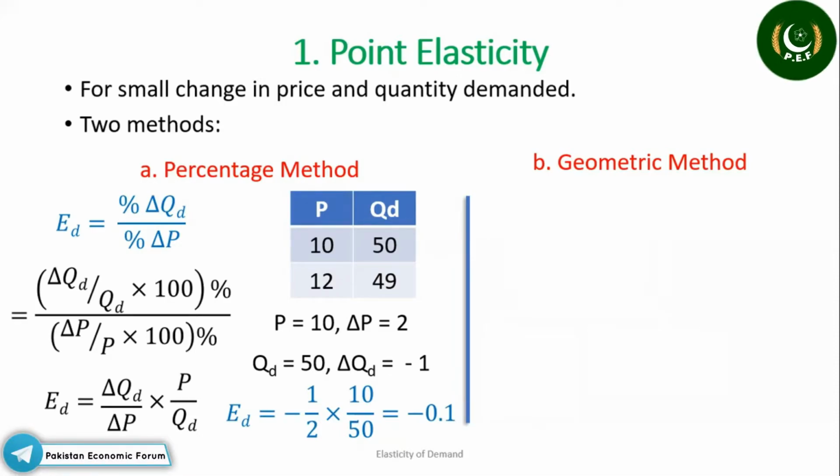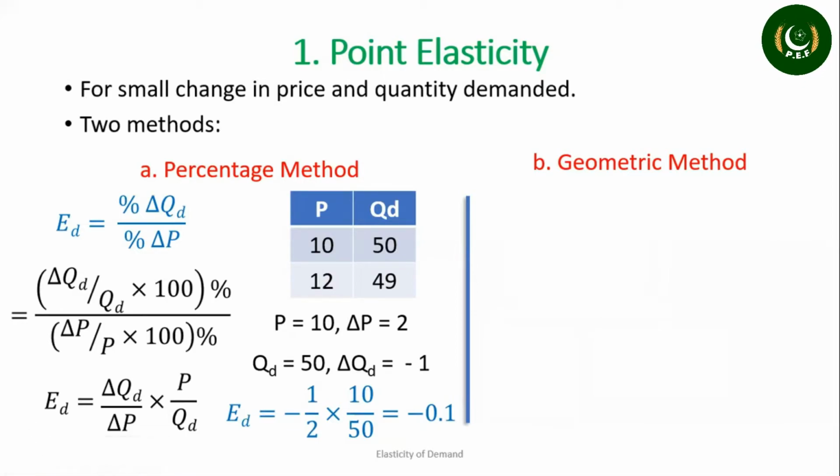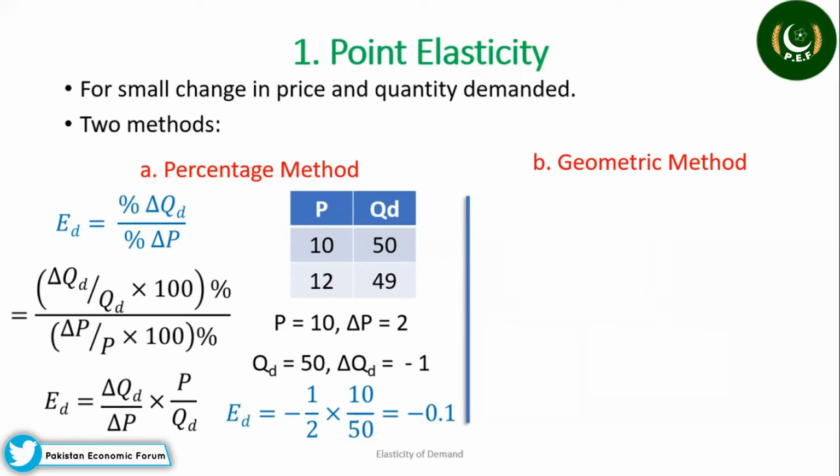Students, normally the value of elasticity of demand is negative. This is because the law of demand states an inverse relation between price and quantity demanded, unless the commodity is a special kind of commodity called a Giffen good.